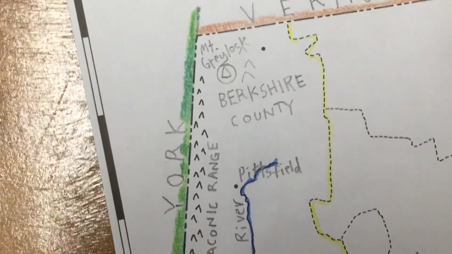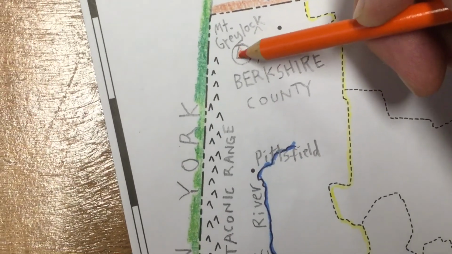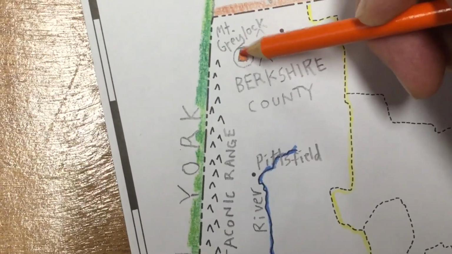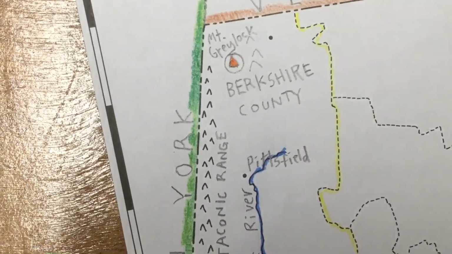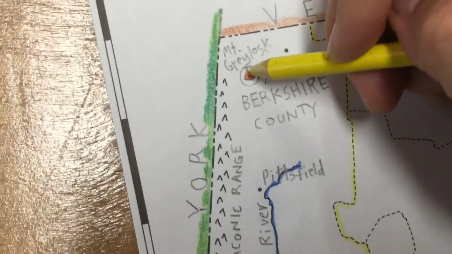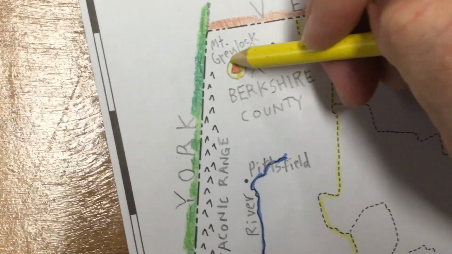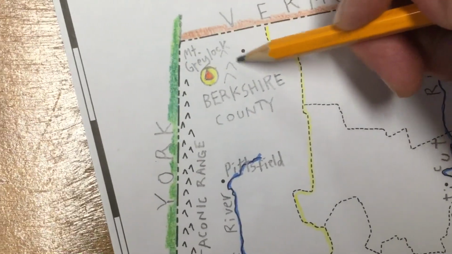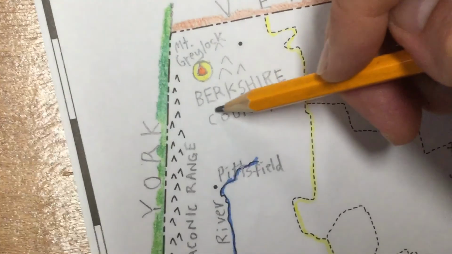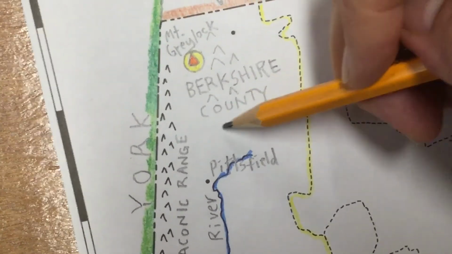And maybe I'll even give it a little special orange with some yellow around it. That'll make it really stand out from the other mountains. Okay, but let's just sketch in a few more of these other mountains. These are part of the Hoosac Range.